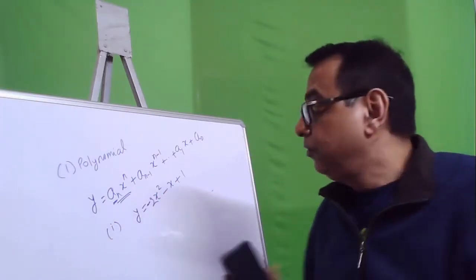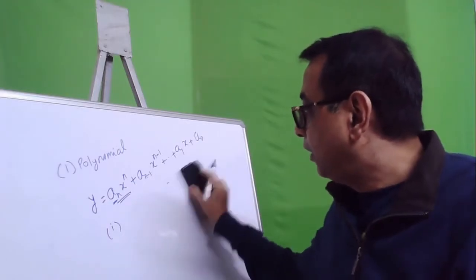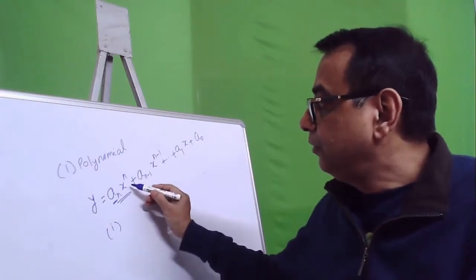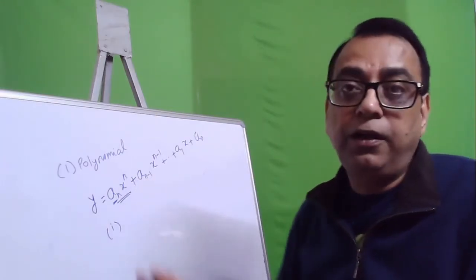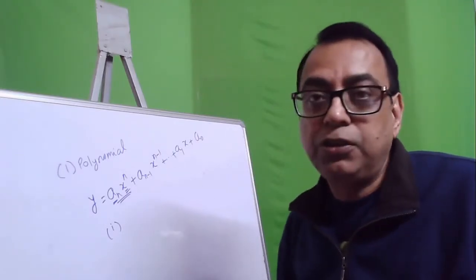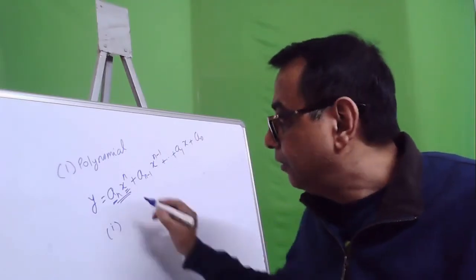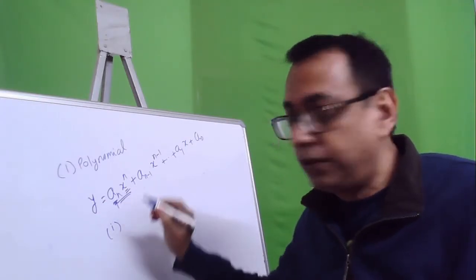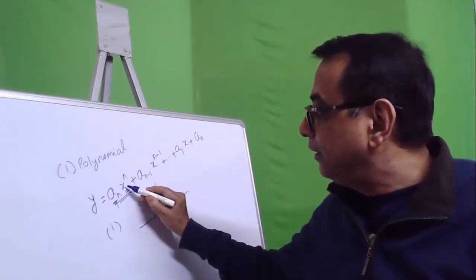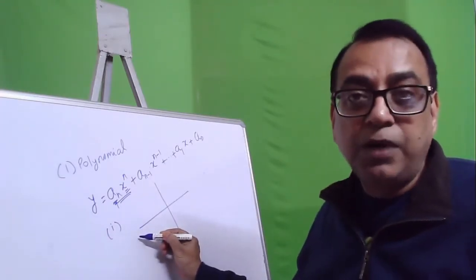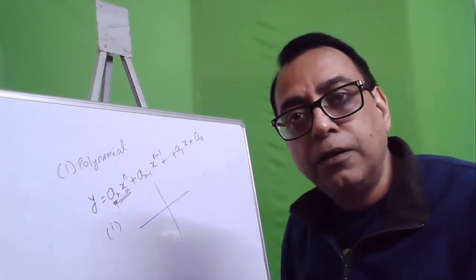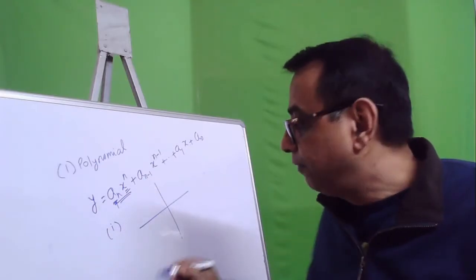Suppose now you take an uneven number or an odd number. For an odd power, when x goes towards negative, the dominant term will be negative. We are assuming that the coefficient is positive for the time being. So when it is going towards minus infinity, it will go towards the negative side of y.